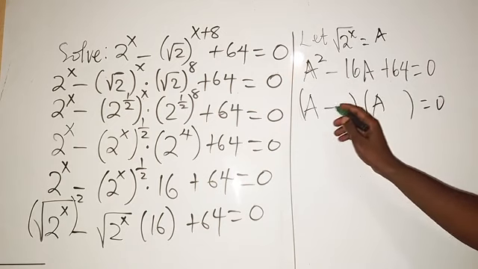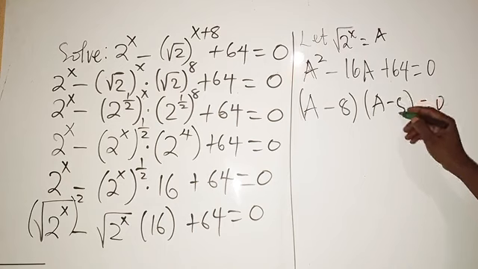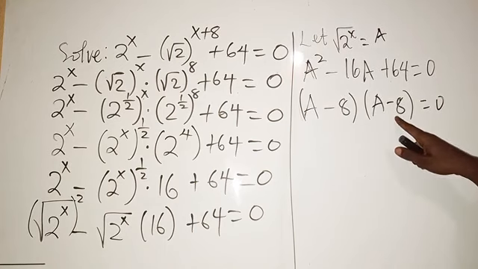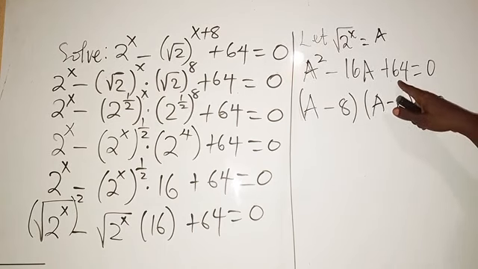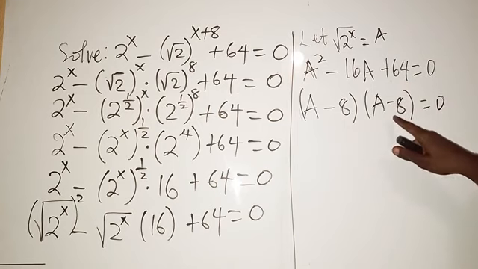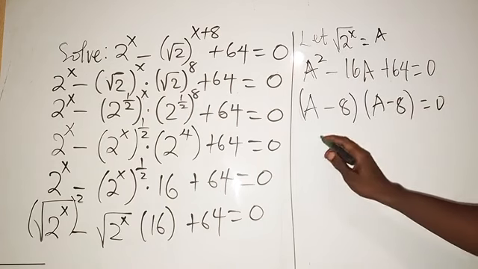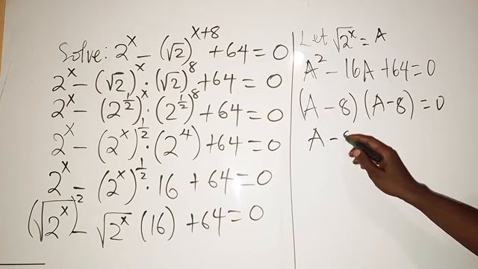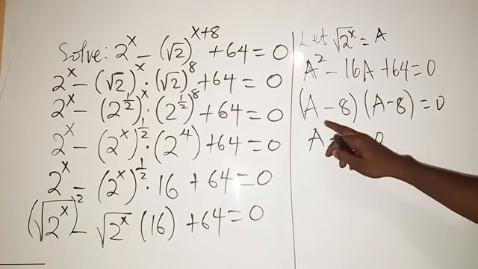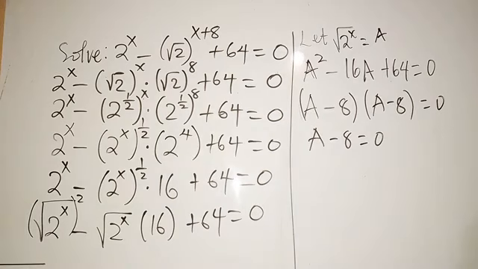So therefore, when you say minus 8 here, then minus 8 here, you see that minus 8 times minus 8 is going to give us plus 64. Then minus 8 plus minus 8 is going to give us minus 16. So we're going to have a minus 8 equals 0, because they are the same, so it's going to be twice.